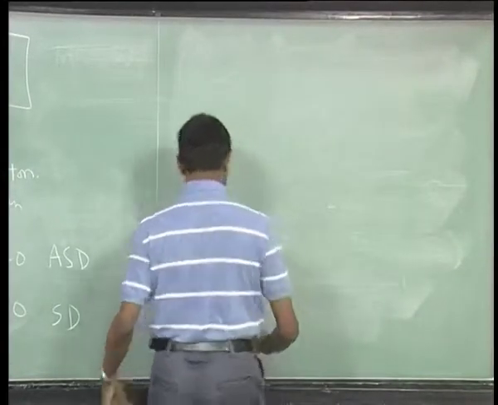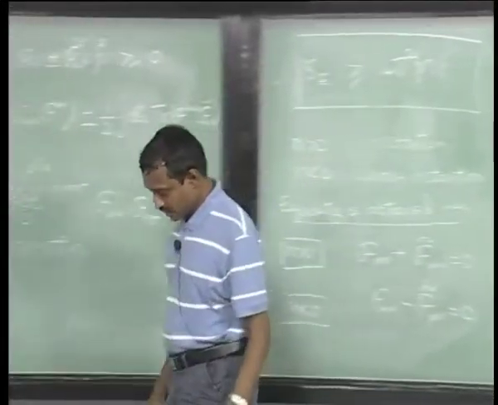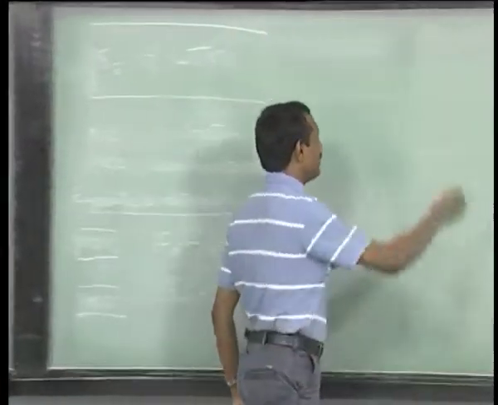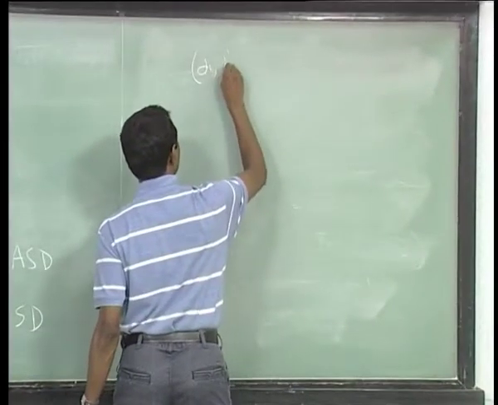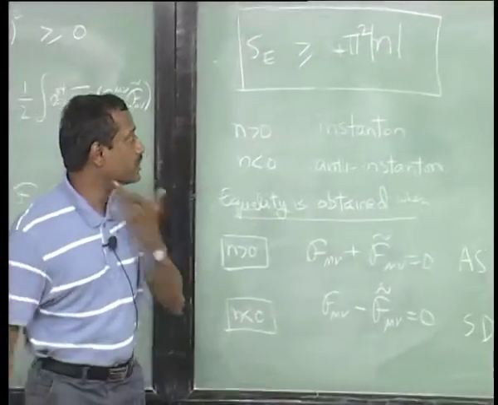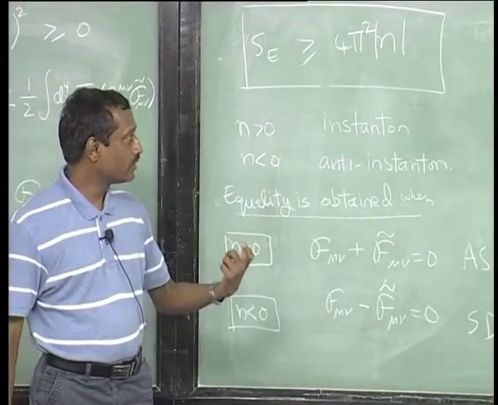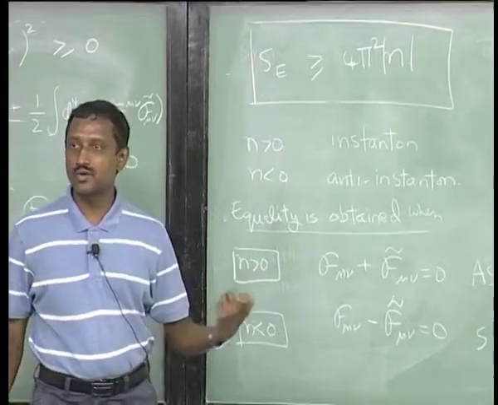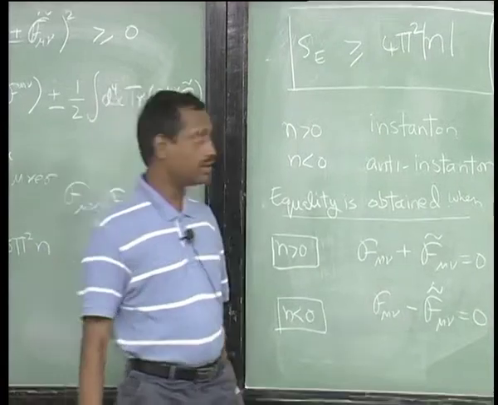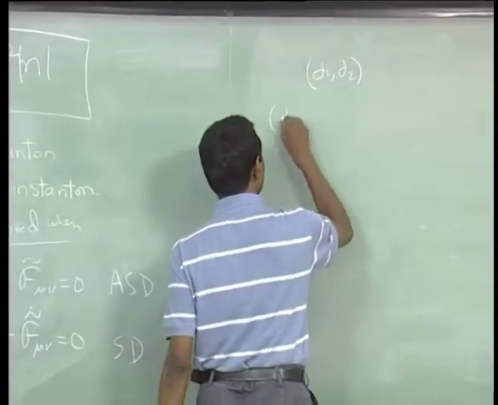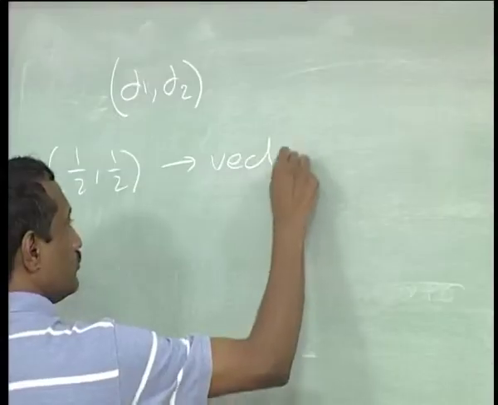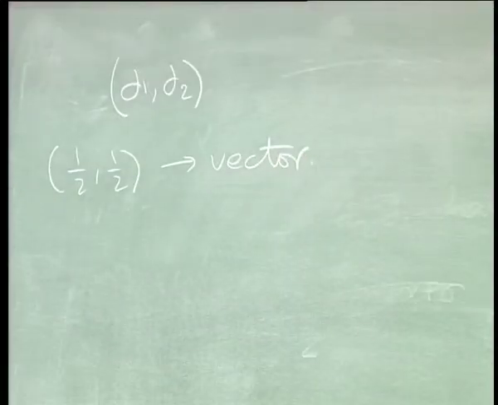If you remember when we did representation theory of the Lorentz group, we saw there were 2 SU2s, and any object which transforms in a nice representation of the Lorentz group would be specified by 2 numbers, J1 and J2, and so for instance we saw that half half was the vector, okay.